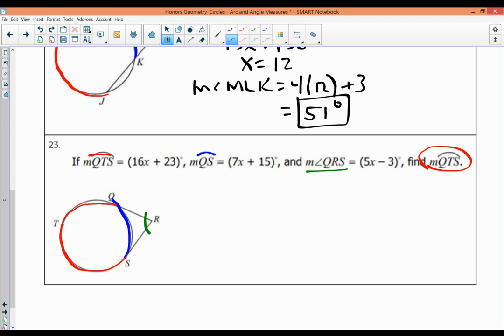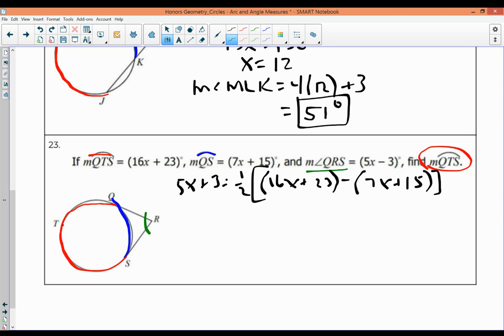All right. So the angle, 5x minus 3, is half of the difference of the bigger arc in this case, 16x plus 23, minus the smaller arc, 7x plus 15. All right, so I put that in parentheses and then a bracket because there are multiple grouping terms.